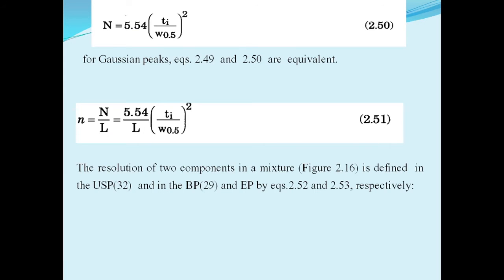Here the number of theoretical plates N is equal to 5.54 into Ti upon peak width at half height, squared. This is equation 2.50.